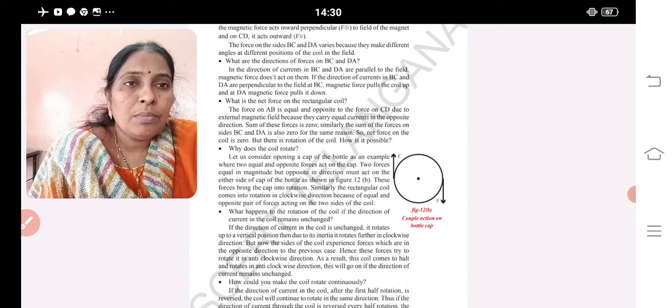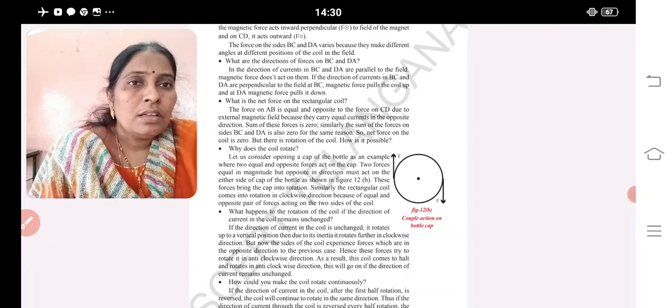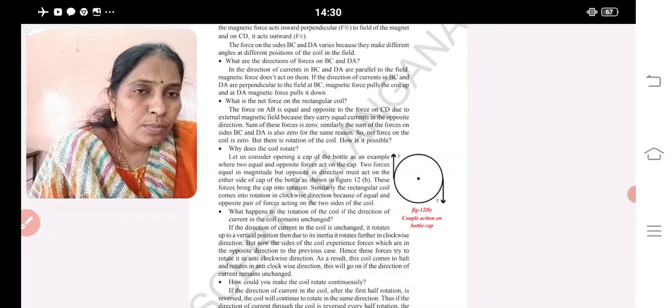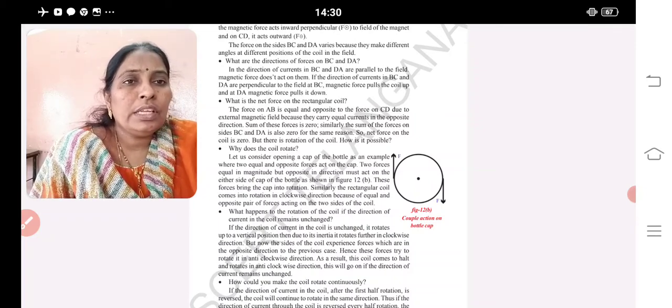Similarly, the rectangular coil comes into rotation in a clockwise direction because of an equal and opposite pair of forces. The direction of current in the coil is unchanged. It rotates up to the vertical position. Due to inertia, it continues to rotate in a clockwise direction.